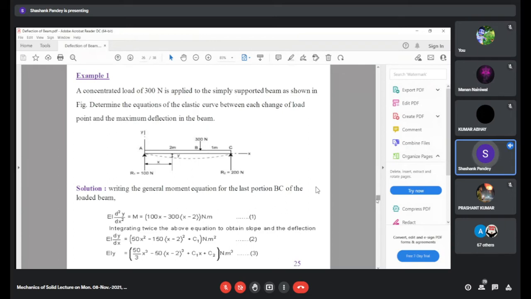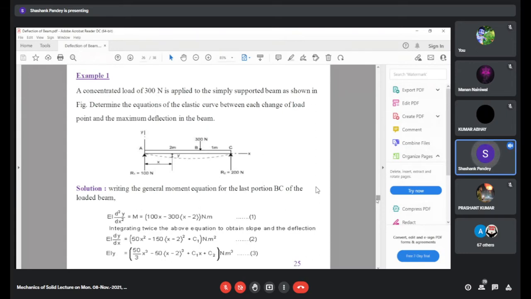If we integrate equation number one once, we end up with something written in equation number 2, with an integration constant C1. If we integrate this equation once again, we will have another integration constant, C2.